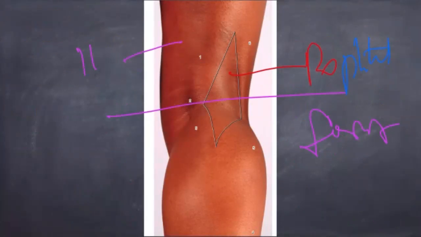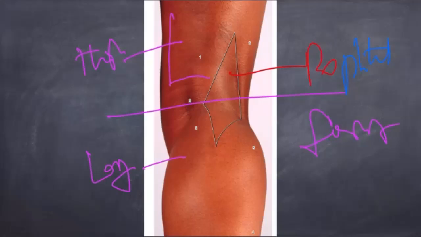Back of the muscles of the thigh and back of the muscles of the leg. So that is the popliteal fossa for you.